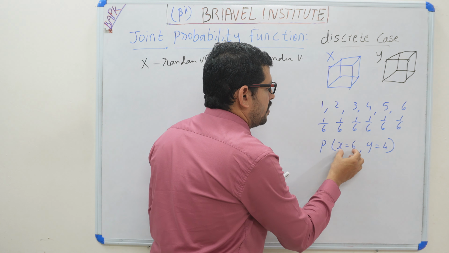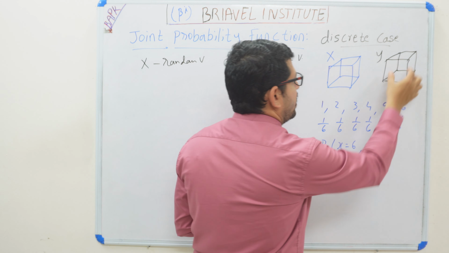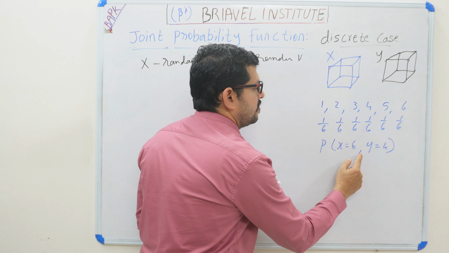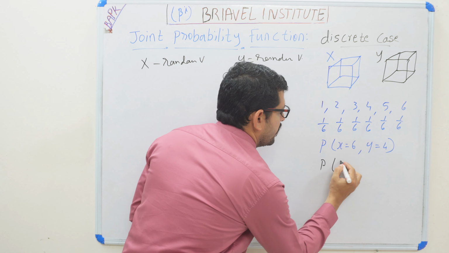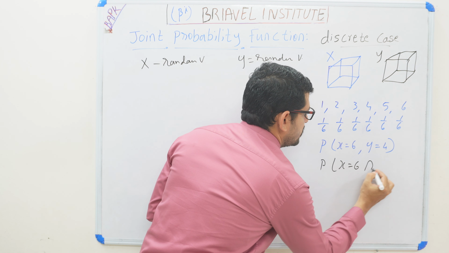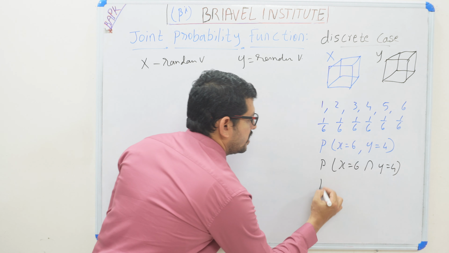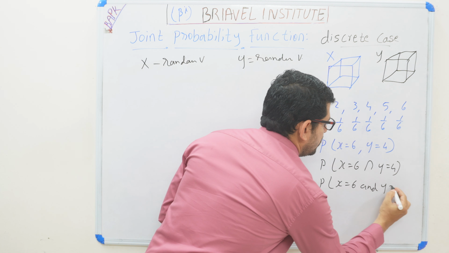I got the number 6 on this die and the number 4 on this die. So I represented x equal to 6 comma y equal to 4. This is equivalent to x equal to 6 intersection y equal to 4, or we can write x equal to 6 and y equal to 4.